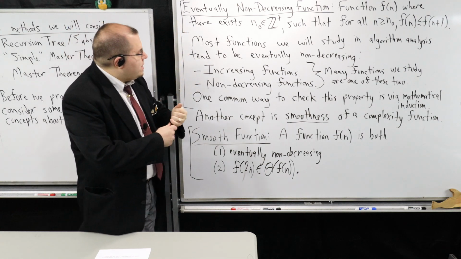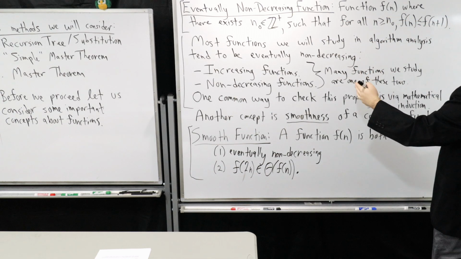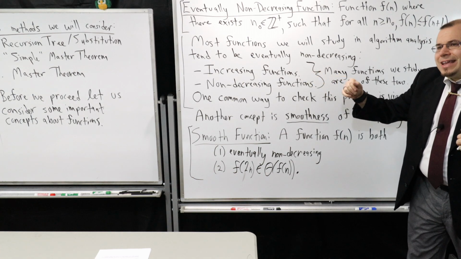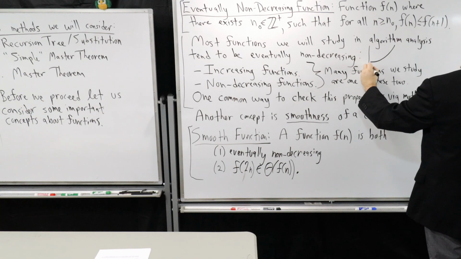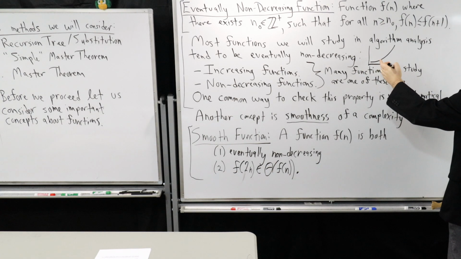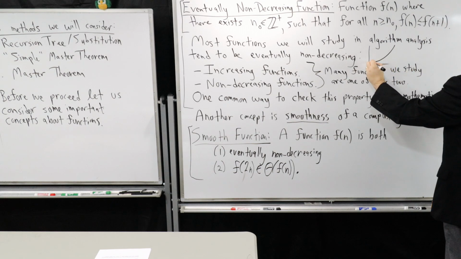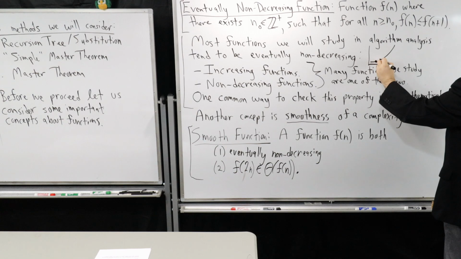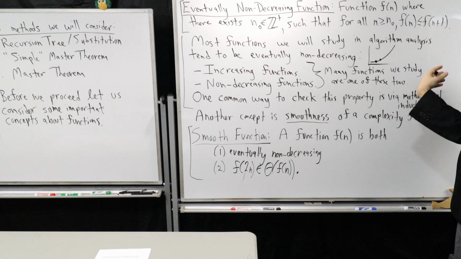Just to clarify, a non-decreasing function can have two common forms. First, you may know of things like increasing functions. So that's like your quadratic, for example. You notice that if I look at any one point along here, and I check 1 point higher, it's always going to be a greater value than otherwise.